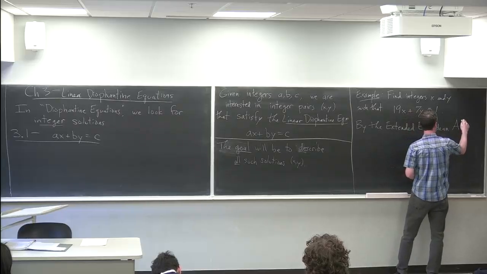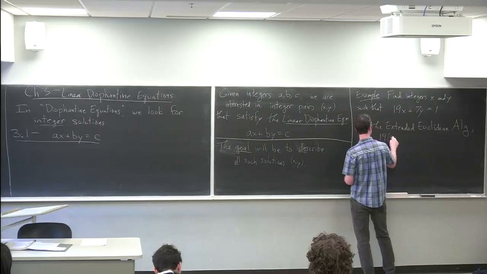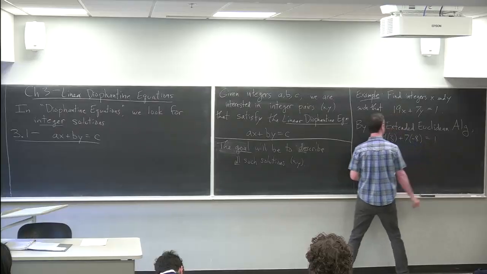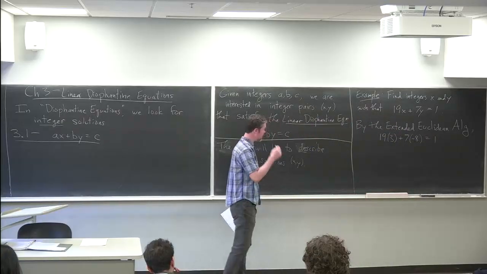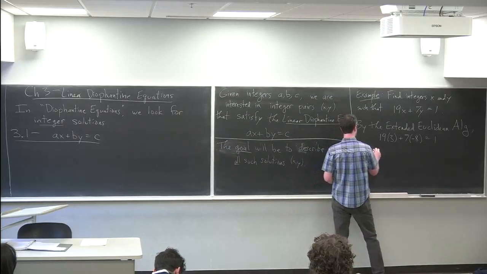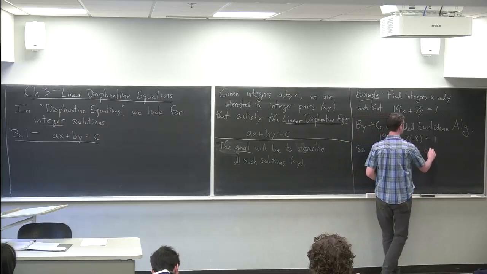This was an example we already computed, so I'll just write this down. We found in the past 19 times 3 plus 7 times -8 worked out to be 1. That gives us one solution to the equation. Having x be 3 and y be -8, this is one solution.